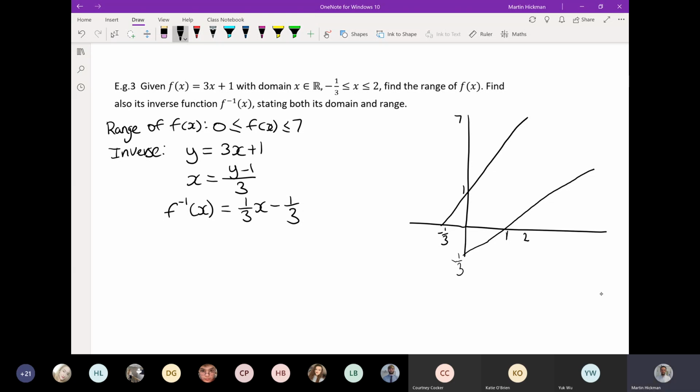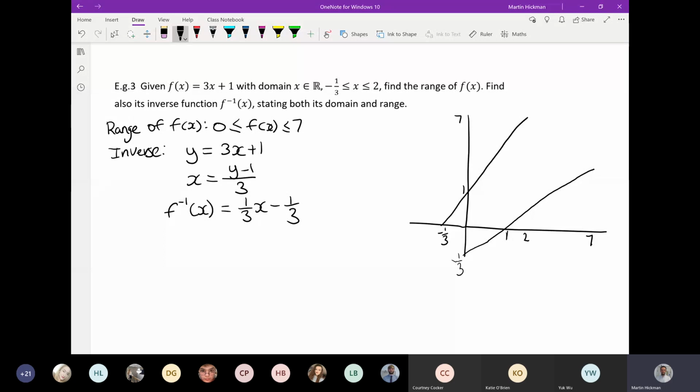And this value here, we should find it's going to be 7, because of what the domain is. I can only go up to 2 here for my f to the minus 1. So when I put in f to the minus 1 as 2, when I solve that, I'd get x as 7.